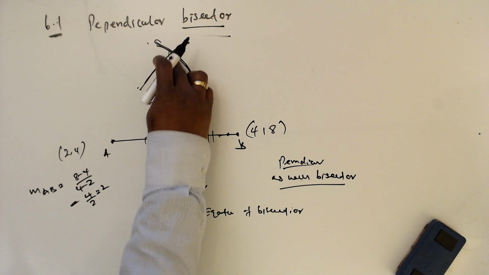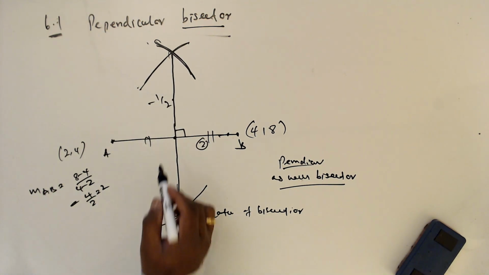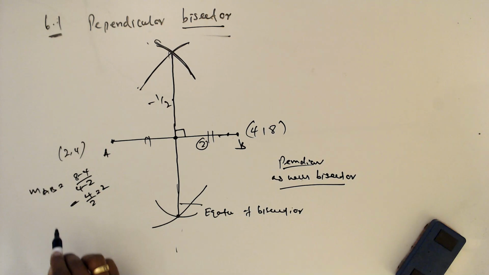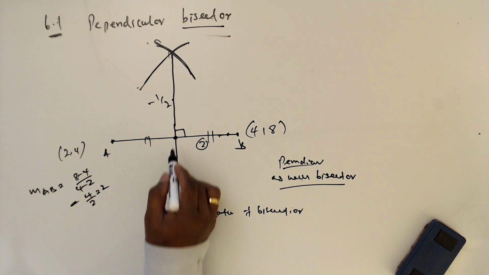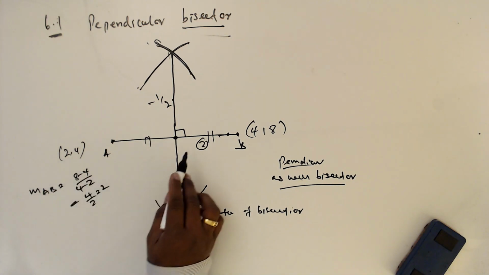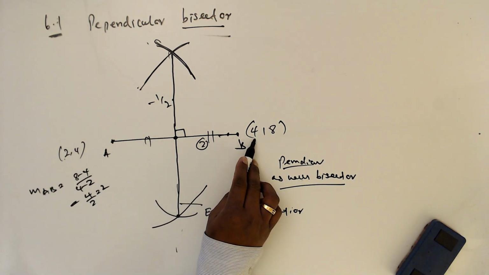Now to find the equation, I need a point. But I know this bisector lies on the middle of this line. Then I can find the middle coordinate. What is the middle coordinate? x1 plus x2 divided by 2.